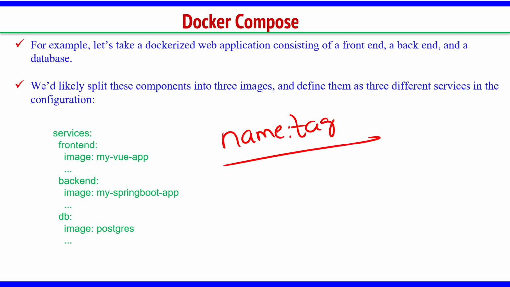So those three images I am giving in a single YAML file: the front end image is my Vue app, the back end image is my Spring Boot app, and the database image is Postgres. All three images I am combining in a YAML file. So Docker Compose is basically to compose multiple images and create multiple containers, to deal with multiple containers in a single command with a single step instead of doing them separately, because it becomes very difficult for us to manage all those containers separately.